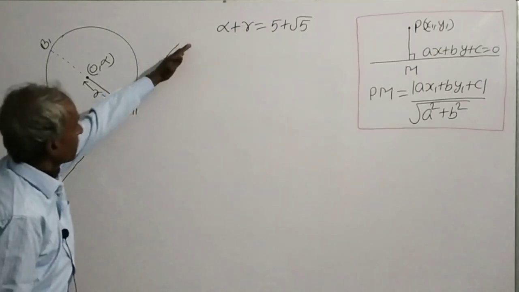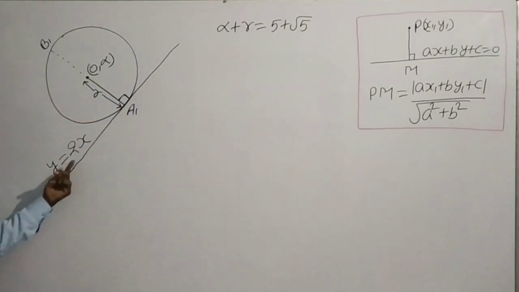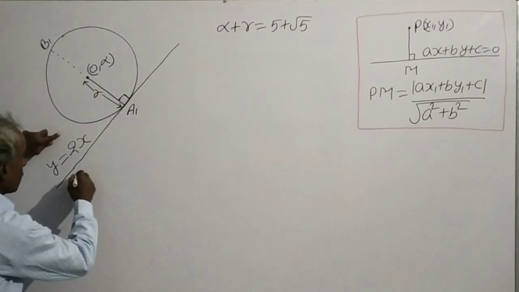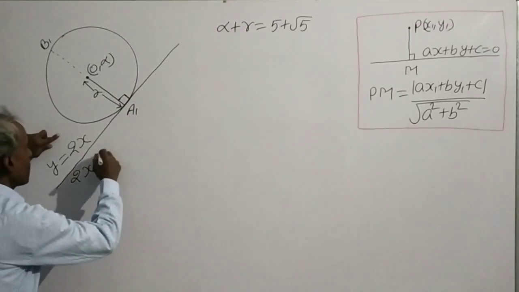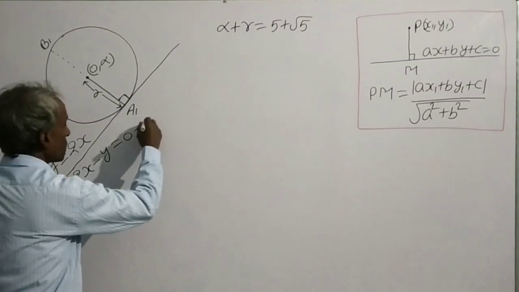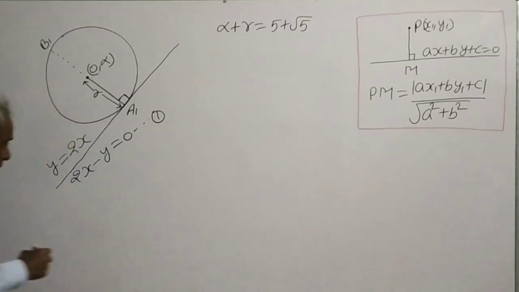This is a straight line. We can write the equation of this line like this: 2x minus y is equal to 0. We suppose this is equation 1.